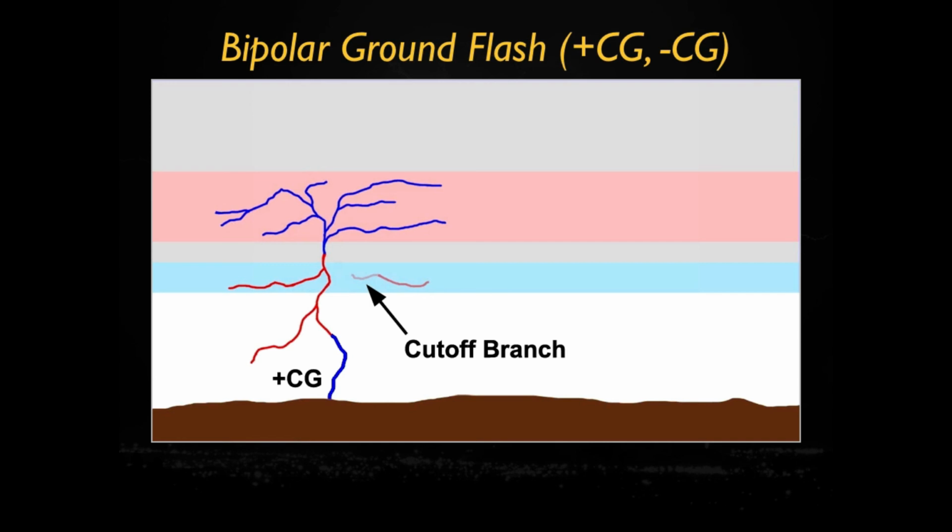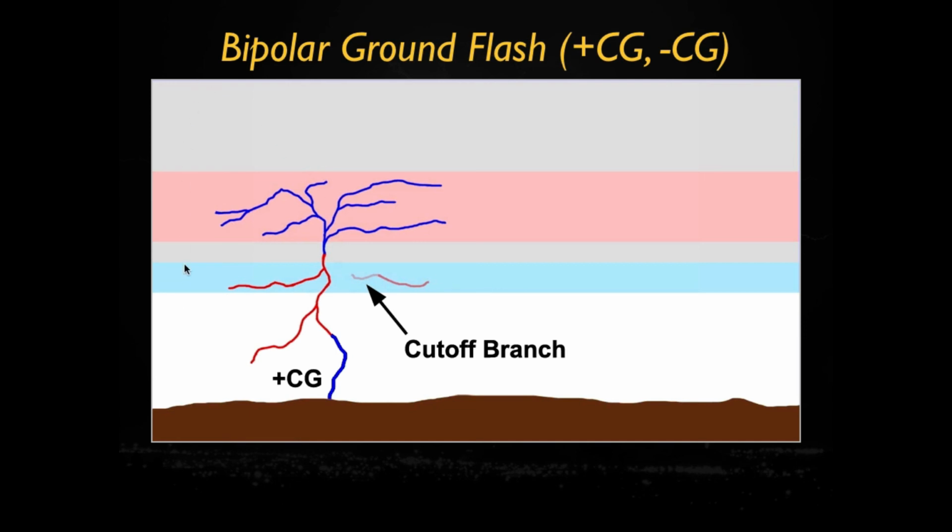Our theory behind the formation of a negative CG in a previously used positive CG channel is as follows. We think we have a positive charge region and a lower negative charge region, and we think this negative charge region is most likely associated with a screening layer right at cloud base.